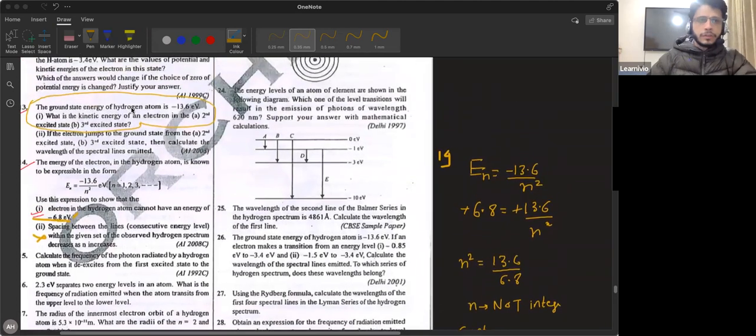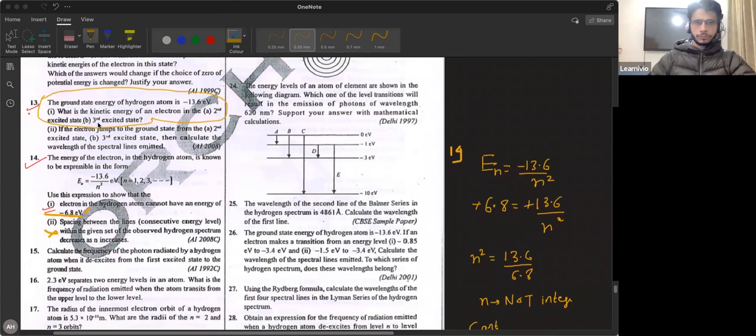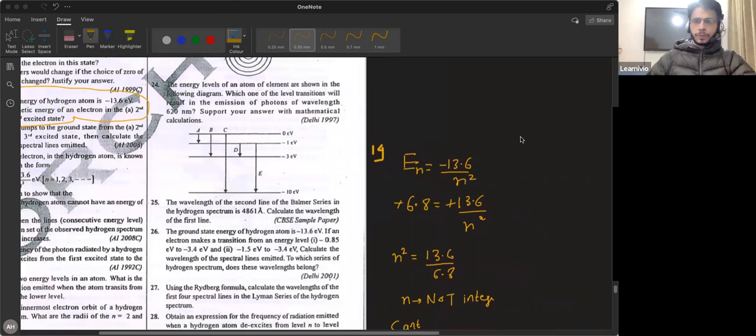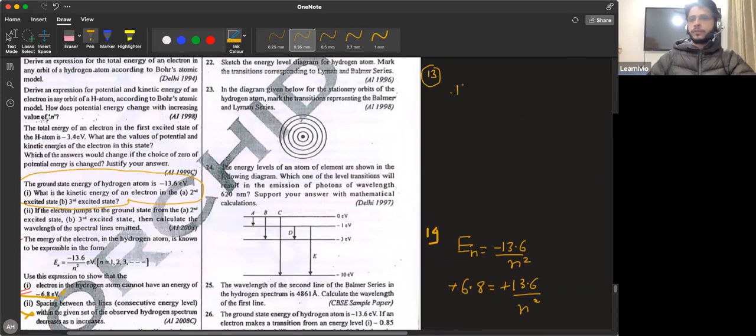So did you write the question? Question number 13? Everyone? Hishma, did you write the question? The first part only. Yes, sir. So for the first part, question number 13, this is the formula for hydrogen atom: minus 13.6 by n square.